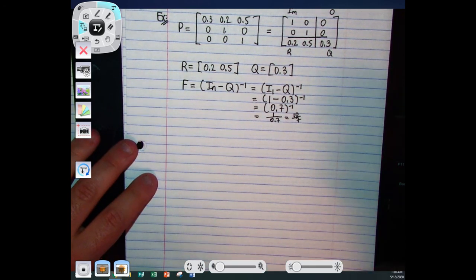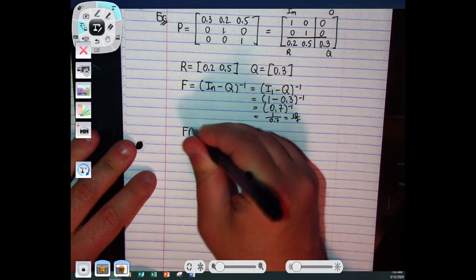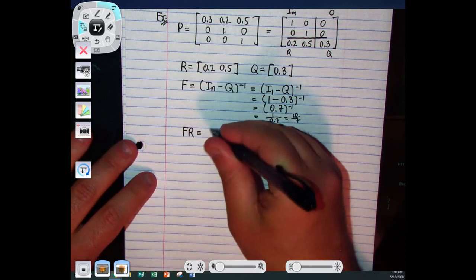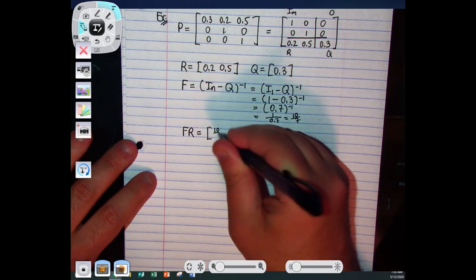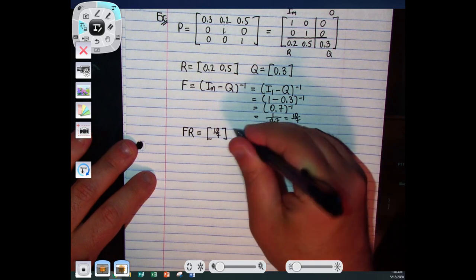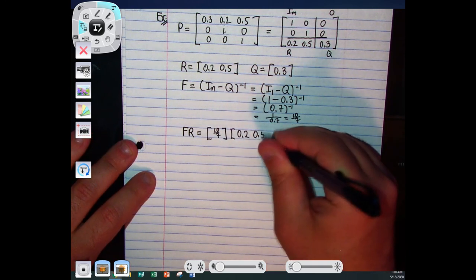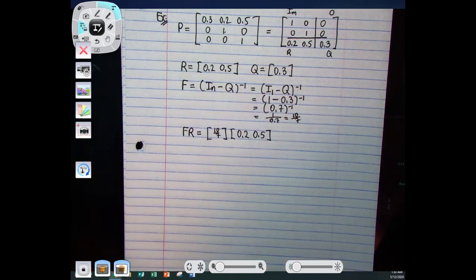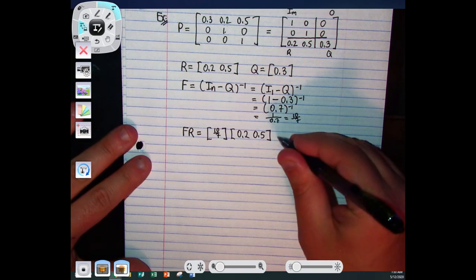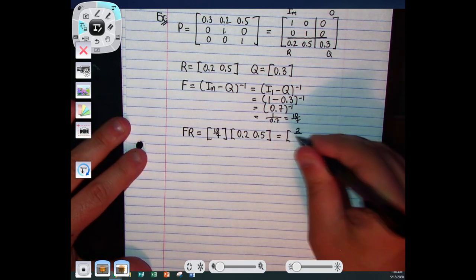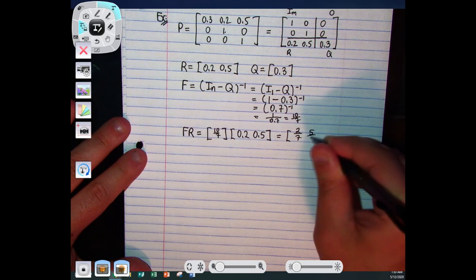So now we calculate F times R. So when I calculate F times R, we have 10/7 times 0.2, 0.5. So when we multiply, we end up with 2/7 and we end up with 5/7.